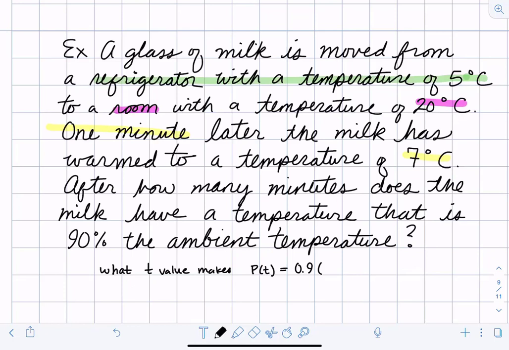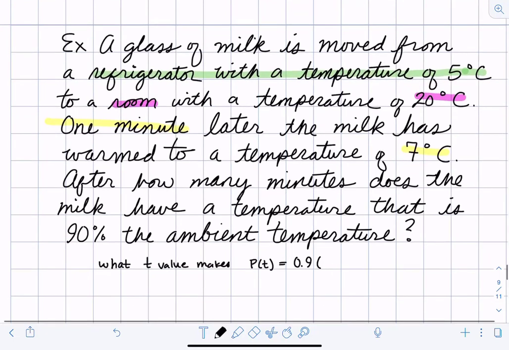So when we're talking temperatures, you're always going to have the temperature of the object versus the ambient temperature in mind. So our object that we're measuring the temperature change of is the glass of milk. So our P of t is going to model the temperature of the glass of milk over time. The ambient temperature is going to be the room that has a temperature of 20 degrees Celsius.